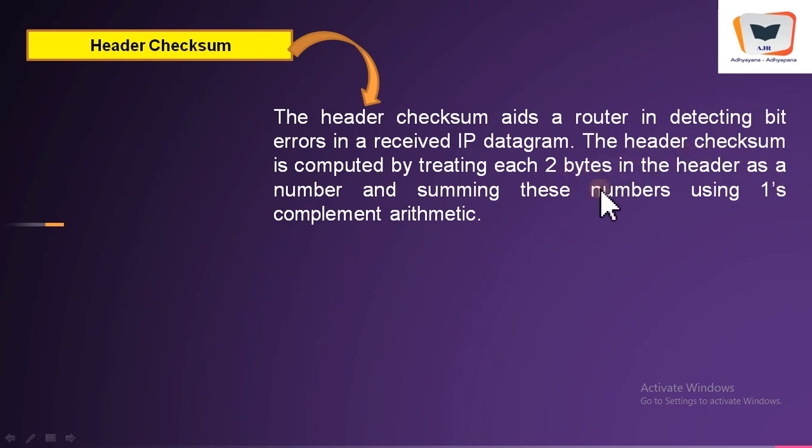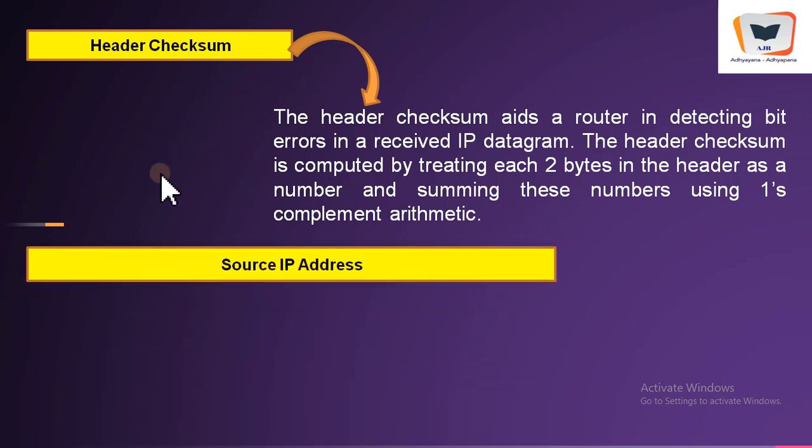The header checksum is computed by treating each 2 bytes, that is 16 bits in the header, as a number, and summing these numbers using 1's complement arithmetic. We have worked out how to find the checksum when we discussed the UDP segment in the transportation layer tutorial.